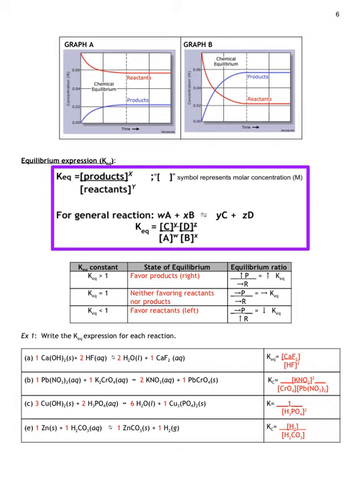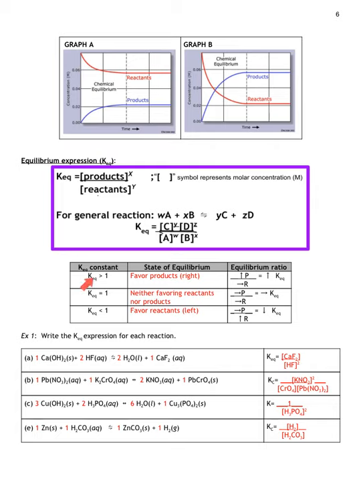So this is divided by the reactants, which is A and B, raised to their stoichiometric coefficients. Make it really clear. And so K is, because these reactants and products are constant over time, we can ratio K and we can understand a lot about K from that.